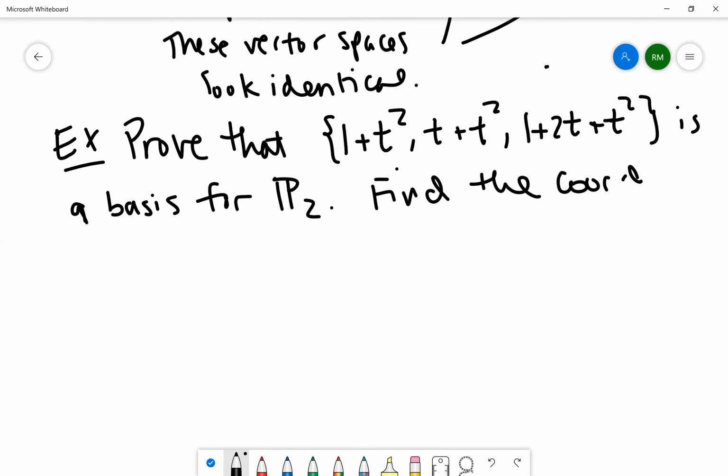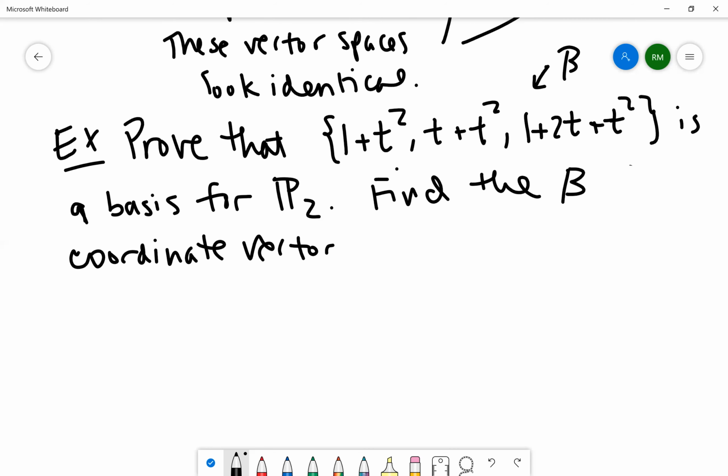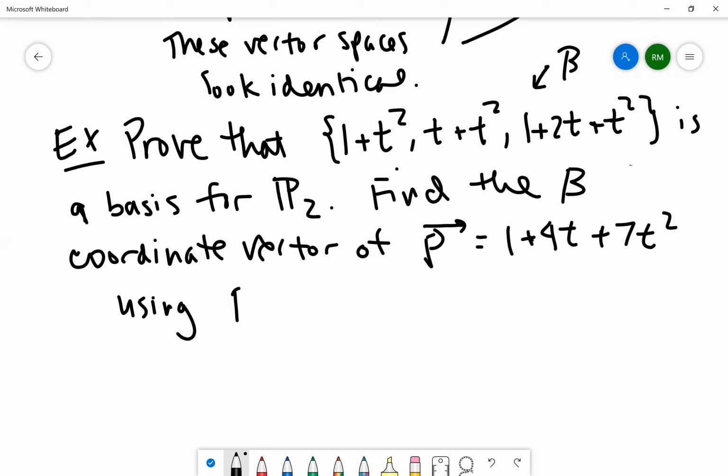So if this is beta right here, this is my basis beta, I want you to find the beta coordinate vector of the polynomial 1 plus 4t plus 7t squared using the coordinate matrix inverted.